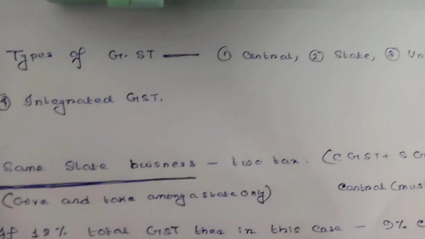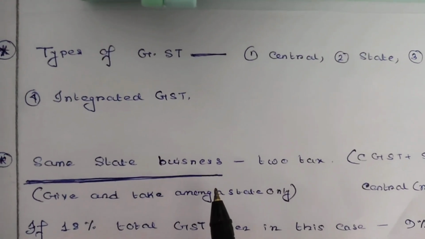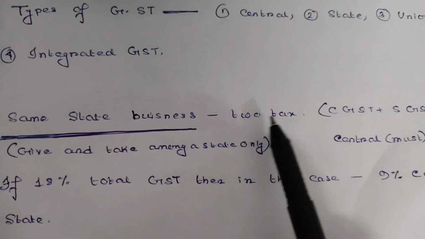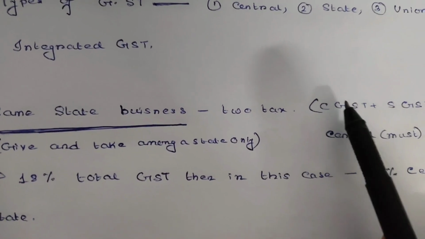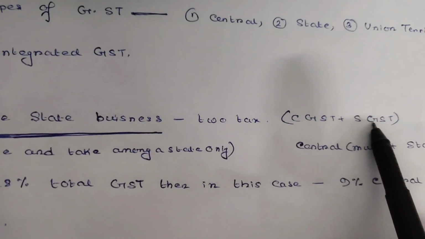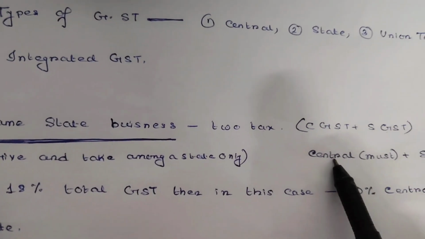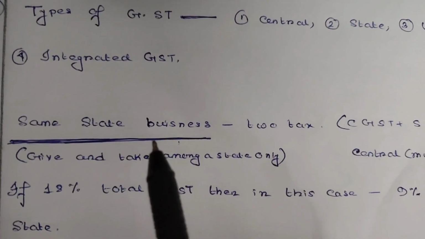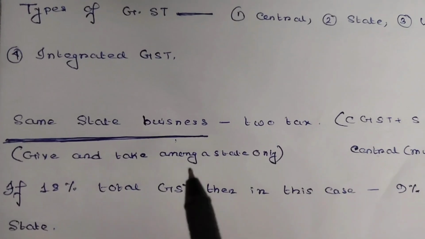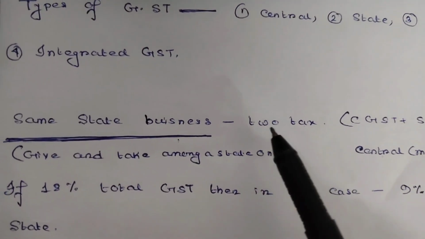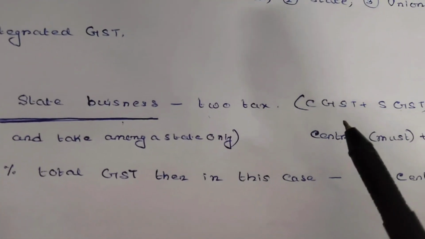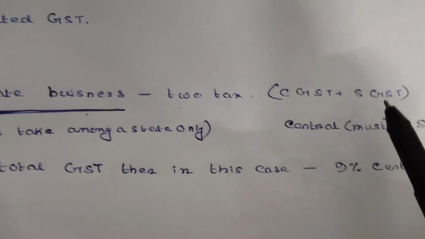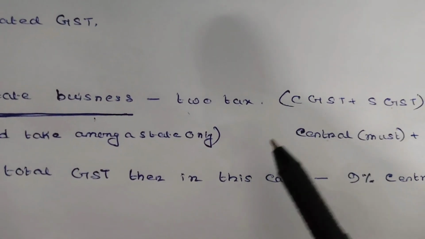State GST. Same state business. 2 tax, central GST and SGST. Central must, the goods give and take, or business give and take policy among one state only. They have to give 2 tax. That is, one is central GST, that is must, and one is state GST for the states only.